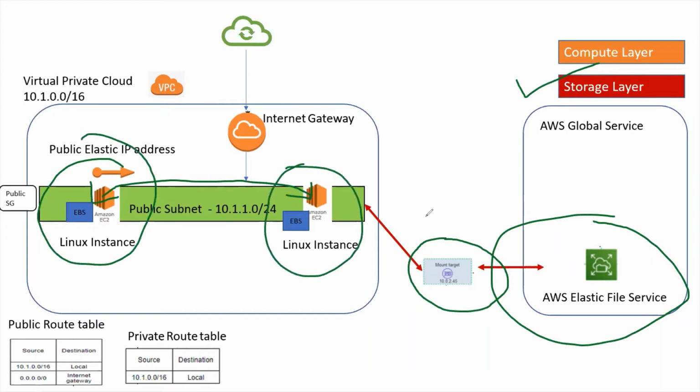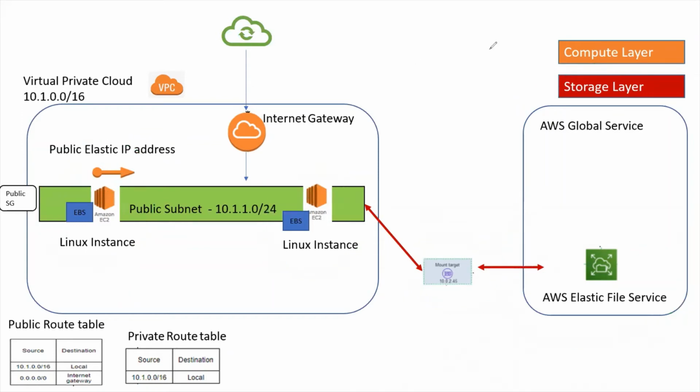I hope you understand it diagrammatically and the picture is clear. As a part of storage services, we are creating this video, so let's move forward and implement this. We have already created this. Let's configure some commands on the Linux instances and see how we can access the file system.